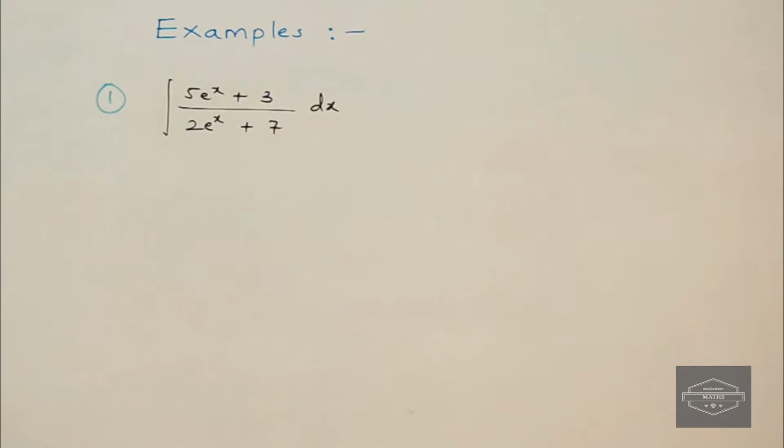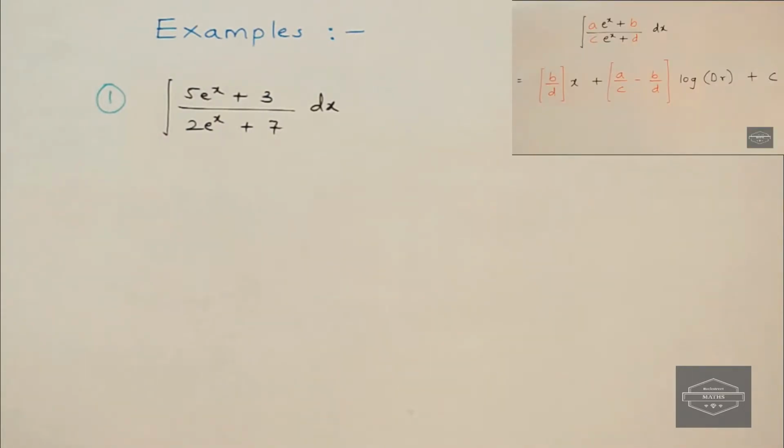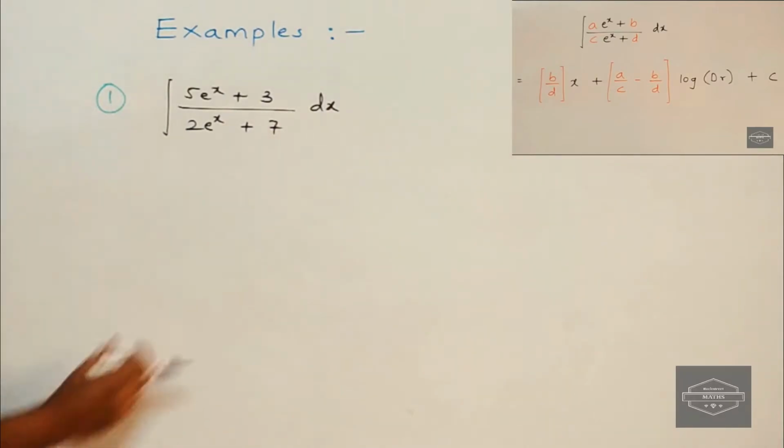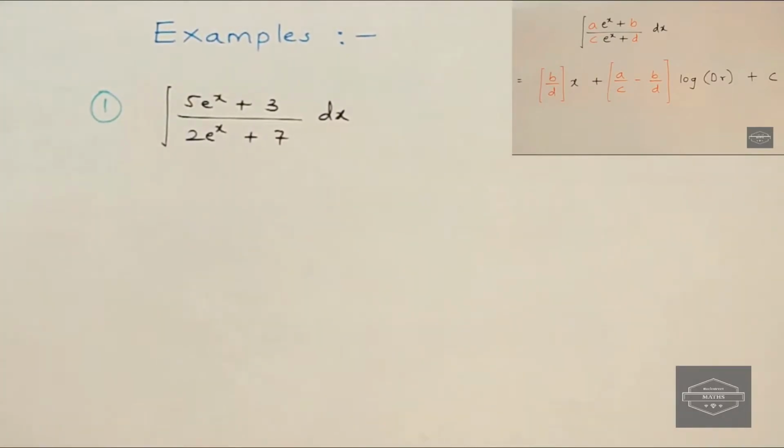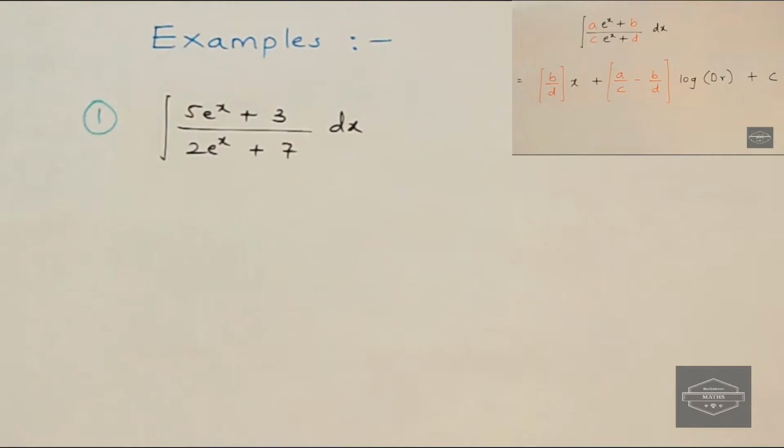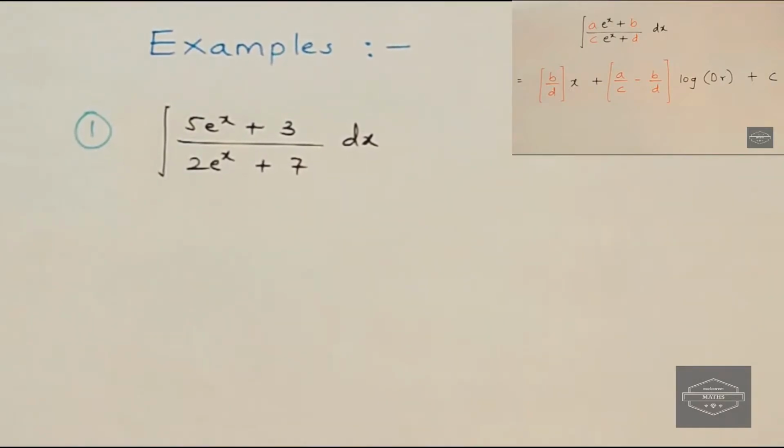Alright, so here we go. Let's have a look at the first sum that we have here. Now the structure of this sum is exactly same as our standard formula, so we can straight away apply the shortcut.